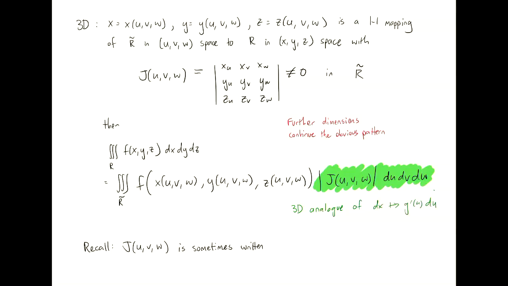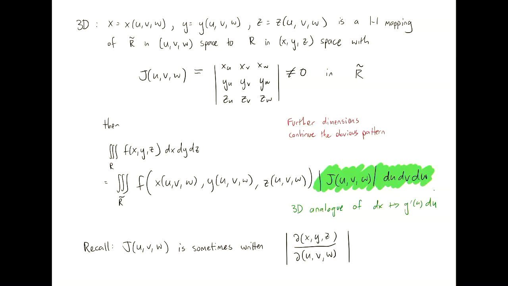And this should come as even less of a surprise when you remember that we flagged that this might happen when we wrote the Jacobian as partial x, partial y, partial z, partial u, partial v, partial w. So in some sense, if you write that as d of u and v and w, well, this is the natural thing that seems like it should go in front of it. And it is, because it's just a measure of how much your transform stretches and squeezes space. That's what the Jacobian is doing here.